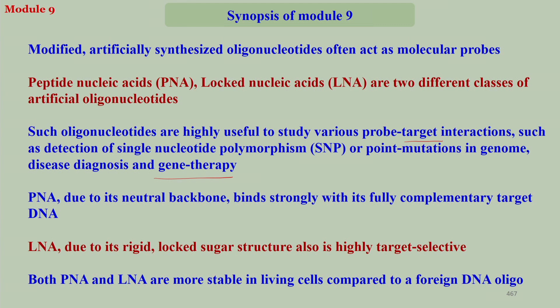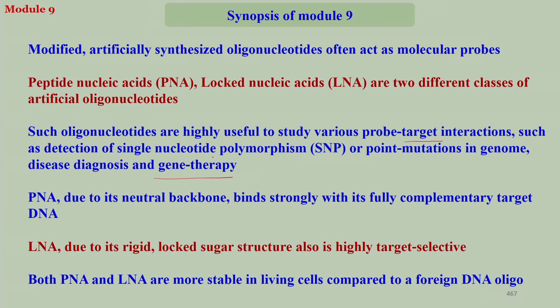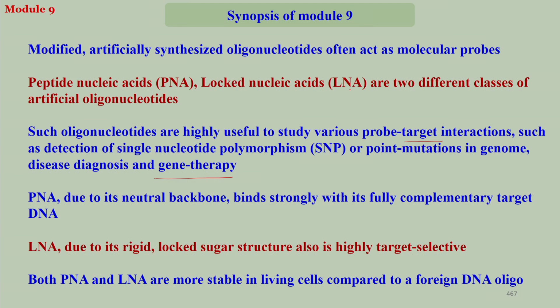They actually go and bind very strongly or very firmly with your target gene, and therefore, the activity of the gene is lost, it cannot undergo cell divisions. So, this is called gene therapy, or even in diagnostics the sequence of a gene can also be detected or diagnosed using the molecular probes.